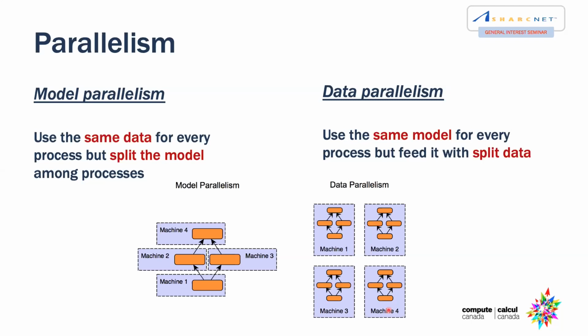Basically, running machine learning or DL code on a cluster system relies heavily on what type of parallelism you're using. But in general, I think it's much easier to think in terms of data parallelism. So I will base this seminar on data parallelism.